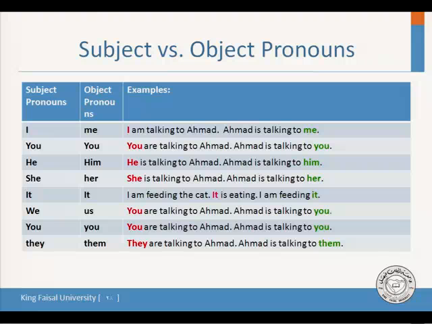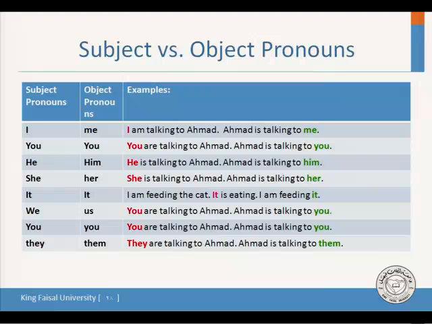In this table, you can see the subject pronouns and the object pronouns. We studied the subject pronouns in a previous lecture, and today we studied the object pronouns. Look at the sentences and notice the position of the subject pronoun and the object pronoun in the sentence. For example, in sentence number 1, I am talking to Ahmed.